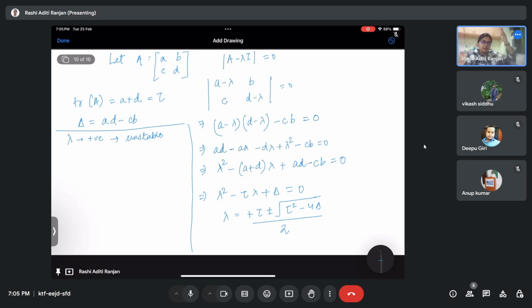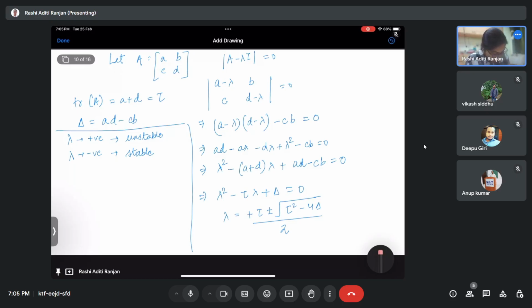So it's an unstable solution. If my lambda is negative, it's a stable solution, e to the power minus some constant into t. As t increases, that negative exponent grows in magnitude, and hence the exponential function decreases. So it's a stable solution.